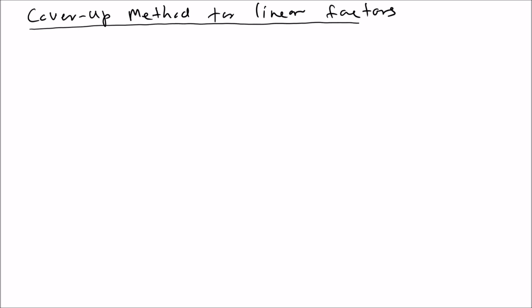So let's do the same problem and see how fast you can get it. What we have is s squared plus 6s plus 9 over s minus 1, s minus 2, s plus 4. So let's see how we can find the answer.